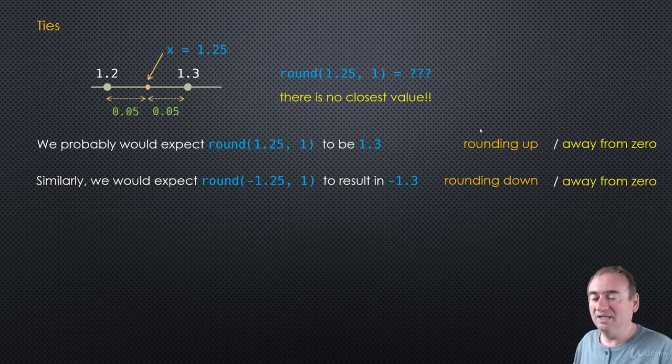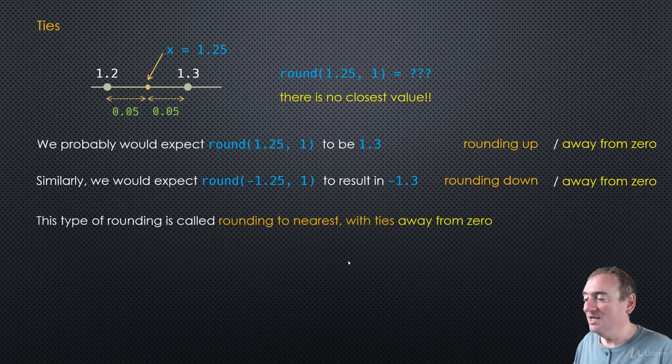So instead of saying we're rounding up for positives and rounding down for negatives, we can just say we're rounding away from 0. That's why it's a better terminology. It's consistent between those two. So this type of rounding is called rounding to nearest, and then we have to specify the tiebreaker with ties away from 0. So that's a standard way of rounding, the one that we're just used to.